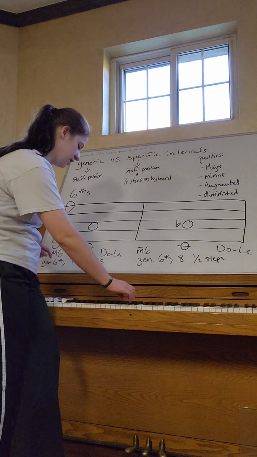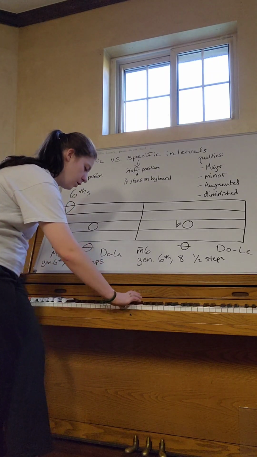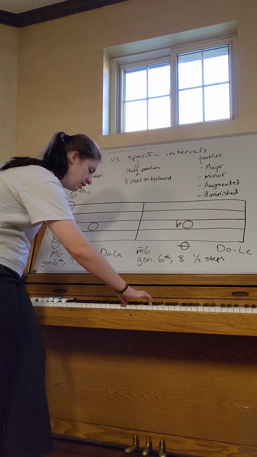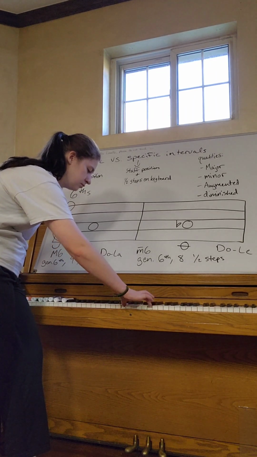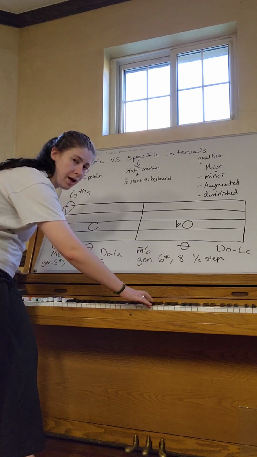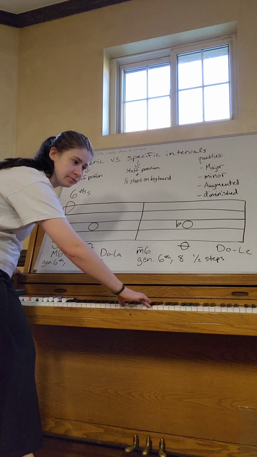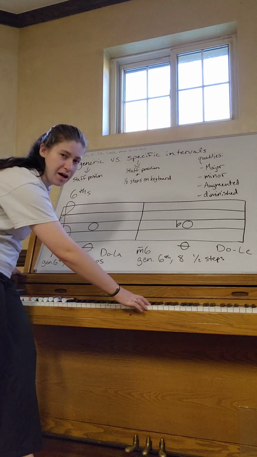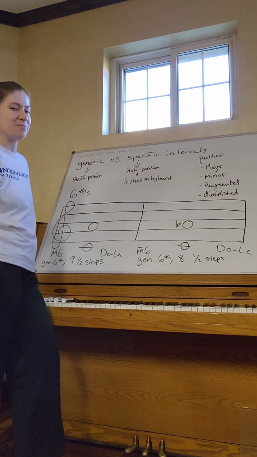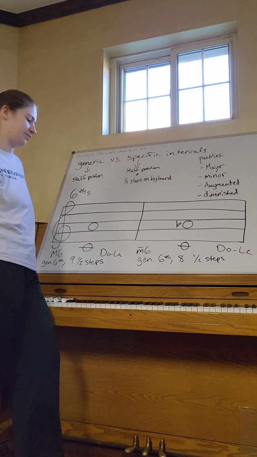So let's start on middle C. 1, 2, 3, 4, 5, 6, 7, 8, 9. It's like My Bonnie Lies Over the Ocean. That is a major sixth.